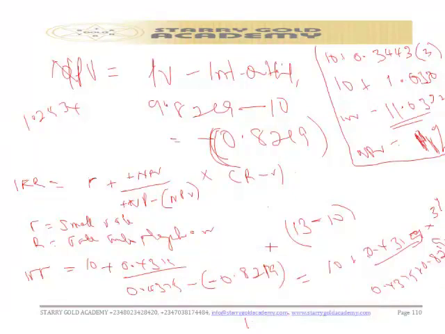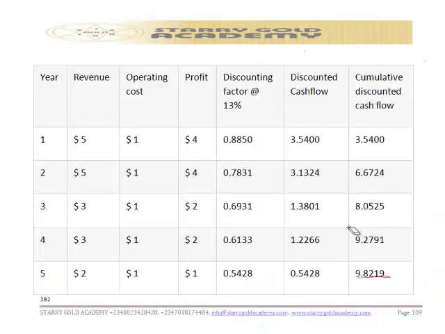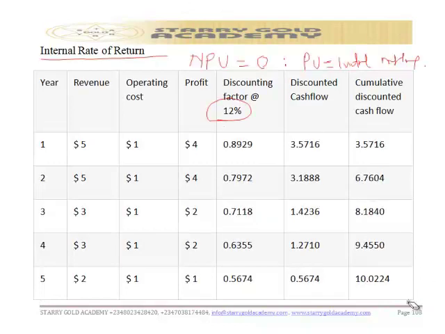Oh, please beg your pardon. There's a little flaw here. Let me make the correction first. Our 12% generates a positive NPV of 0.4315, with present value 10.4315. So let's work between 12 and 13%.